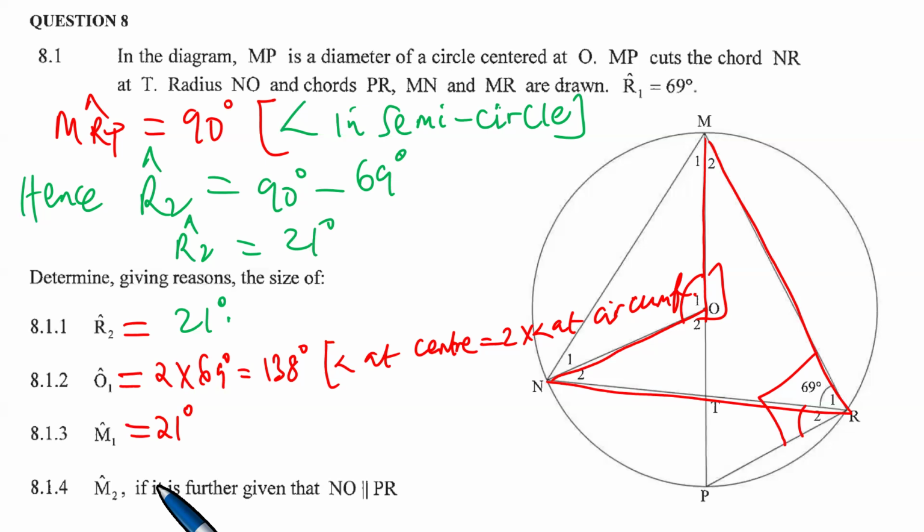Angles in the same segment, sir. Okay. With which angle? With the angle R2. Well done. Angles in the same segment. I'm excited that Senulo was able to get that one right. Next question.